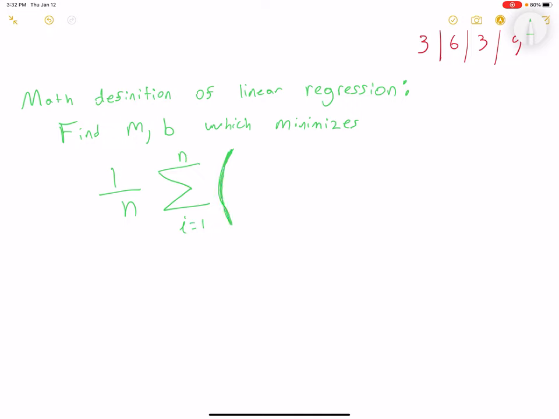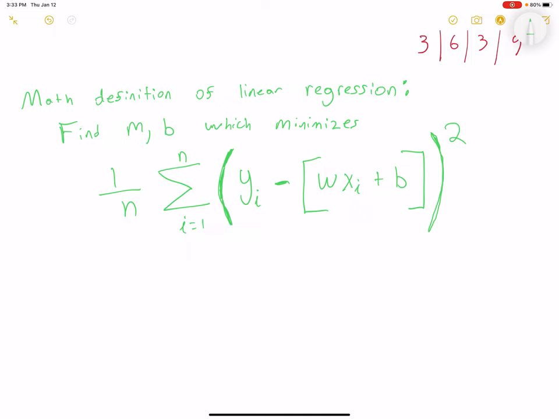Now we're going to write it out as the true value, y sub i, minus, and now we're just going to replace y hat sub i with w x_i plus b, squared.